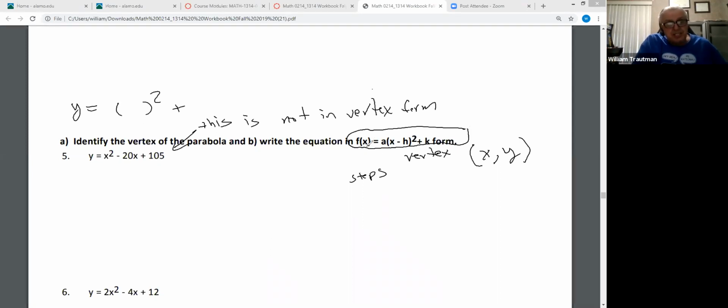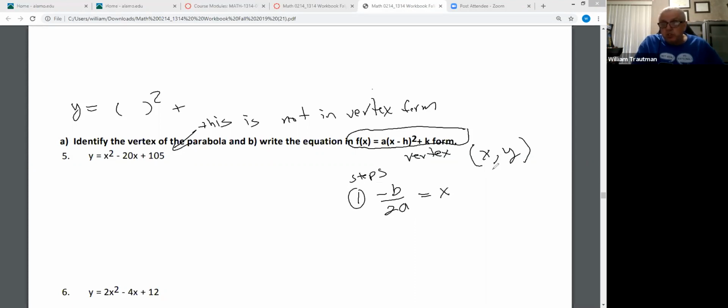I'm hoping this works so I don't have to show you the long, hard way of doing this. Actually, it's really not too long. Yeah, let's do it this way. Step 1: -b divided by 2a equals the x value.